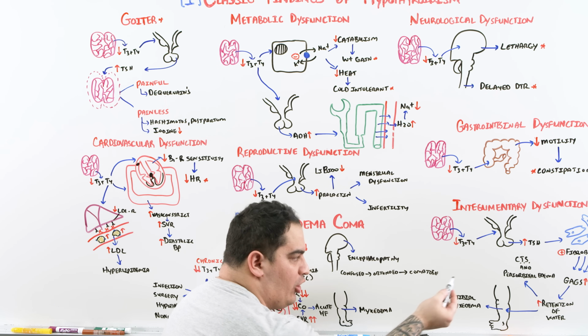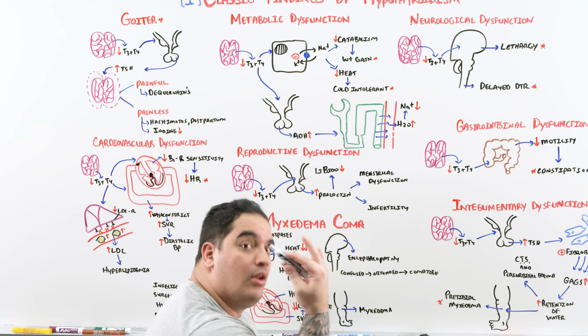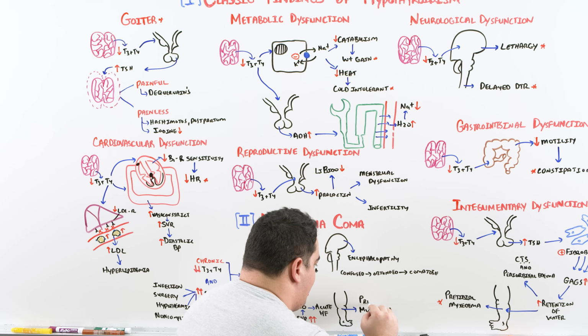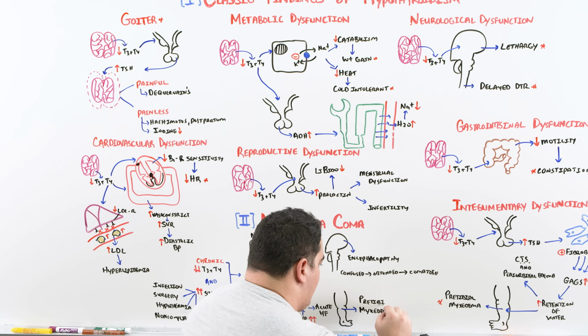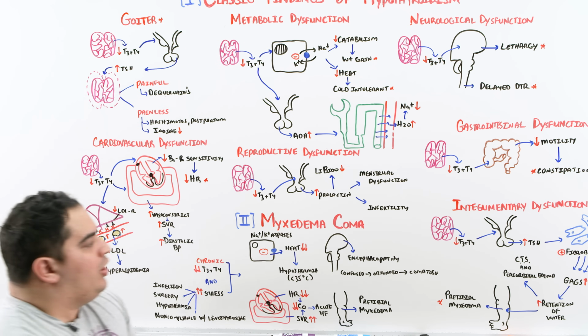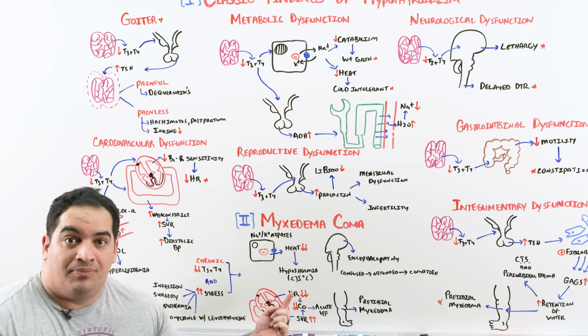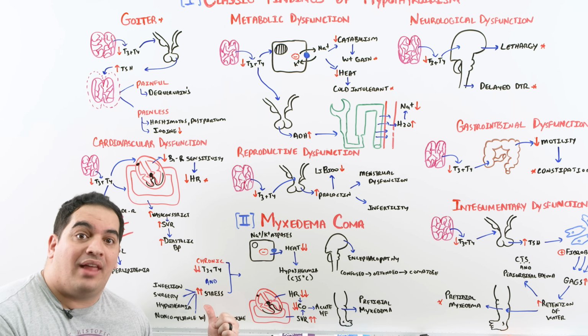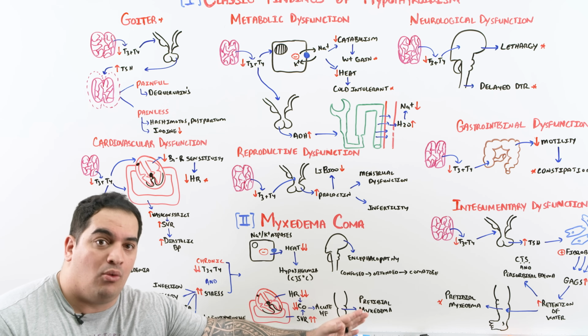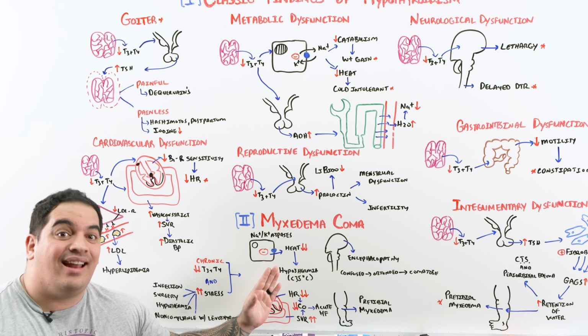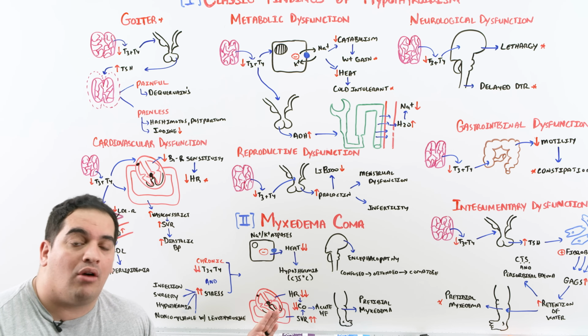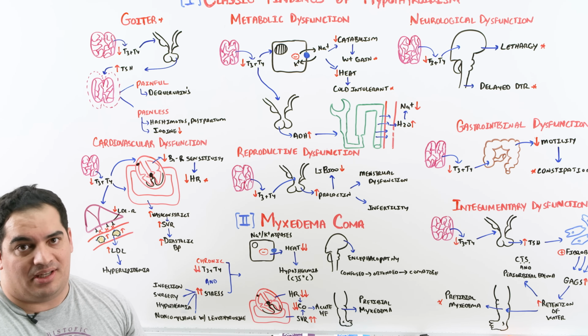Usually it's pretibial, but it could be periorbital, or it could be carpal tunnel syndrome. But pretibial is oftentimes the most common manifestation. So if a patient has chronic hypothyroidism, they have a recent stressor, and now they have a comatose state, worsening myxedema, and hypothermia and bradycardia with acute heart failure, you really want to be thinking about Myxedema Coma.